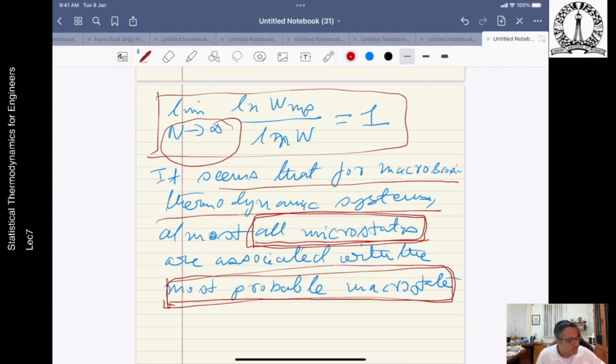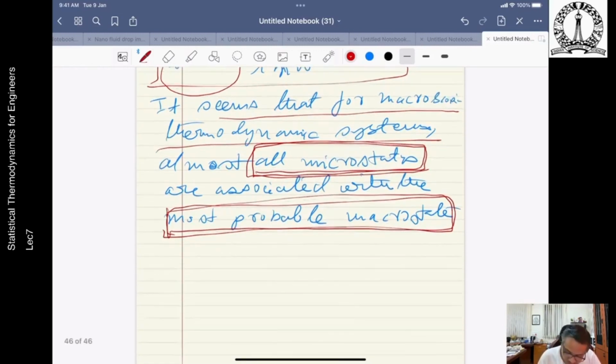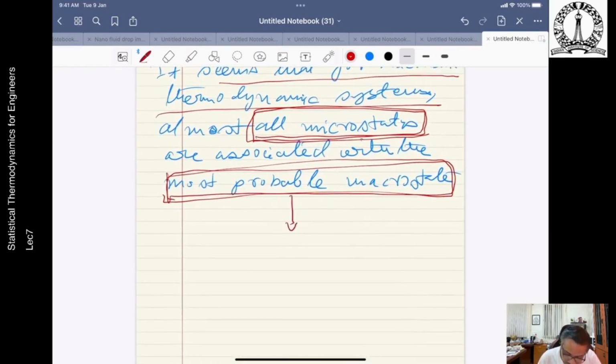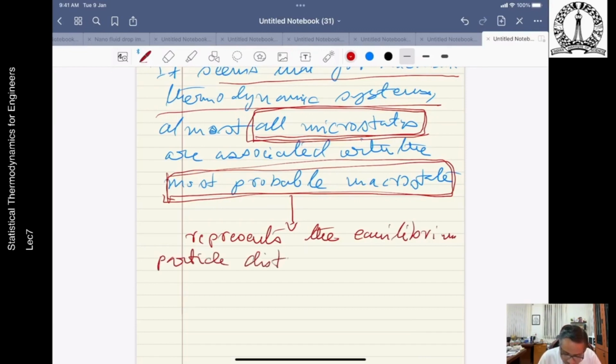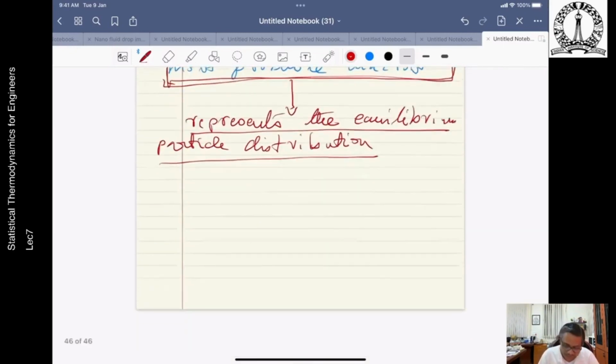So the most probable distribution must represent the equilibrium particle distribution. So this represents the equilibrium particle distribution. That is pretty illuminating to begin with.